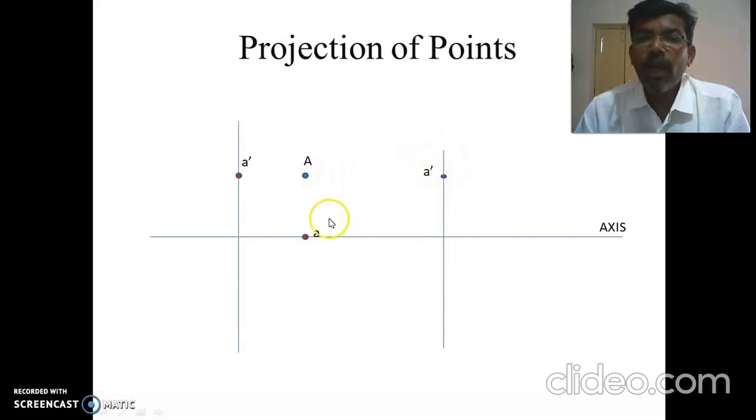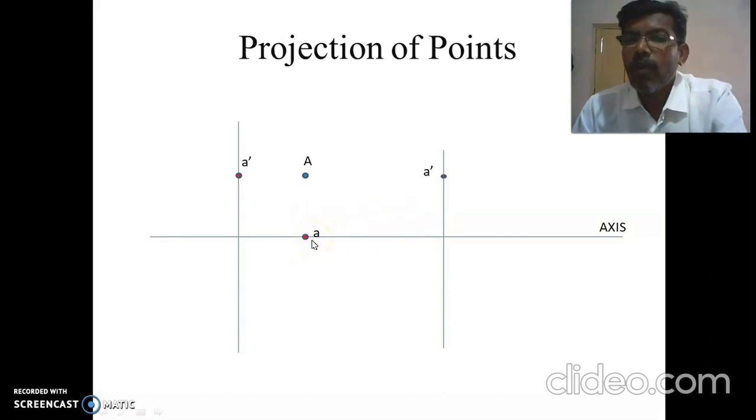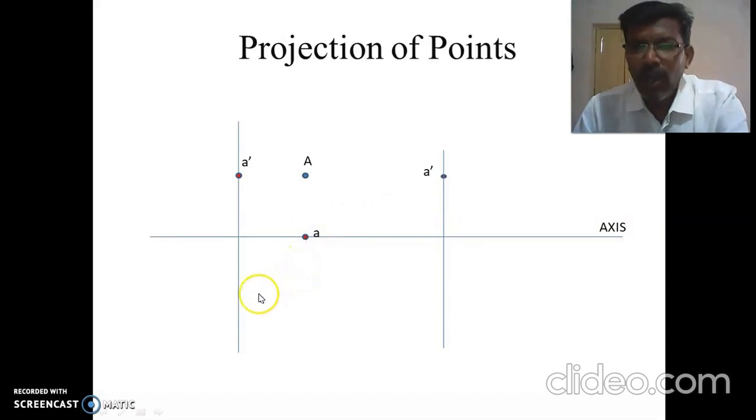And next, where is a? A appears on the horizontal plane, such that when you are sitting here, you cannot view the point on the horizontal plane, so it is rotated by 90 degrees such that this point a appears on the vertical plane below the axis.